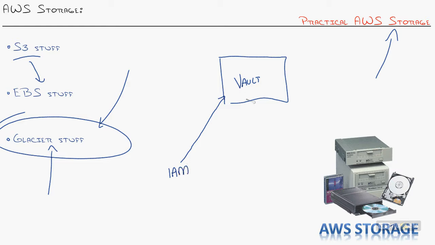And in order to actually put things into that vault, I need to employ some kind of program that has the ability to work with Amazon access methods. Glacier uses the same kind of REST API access methods as S3.